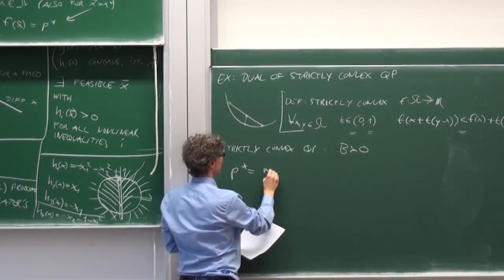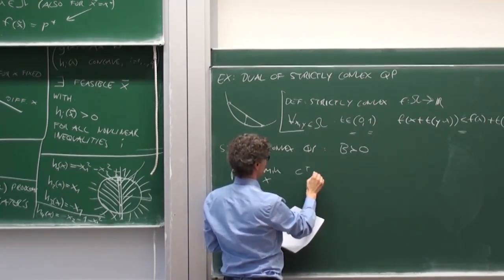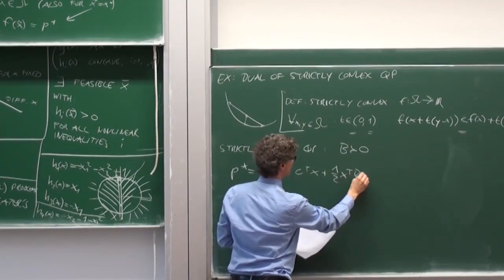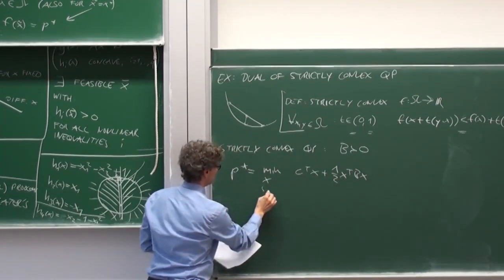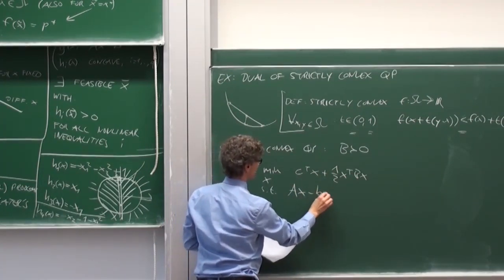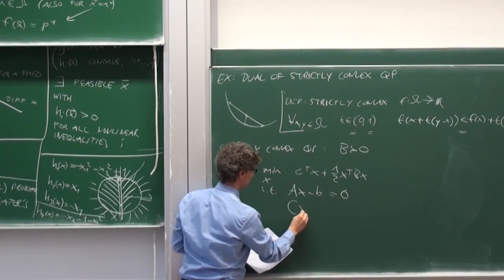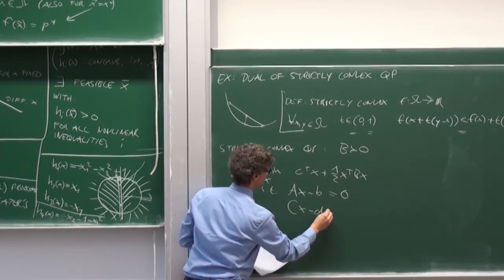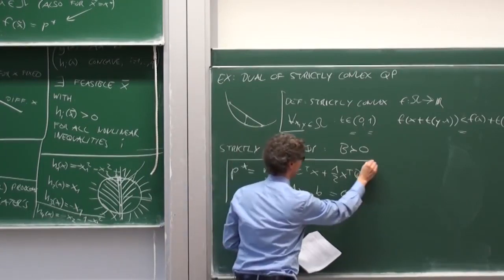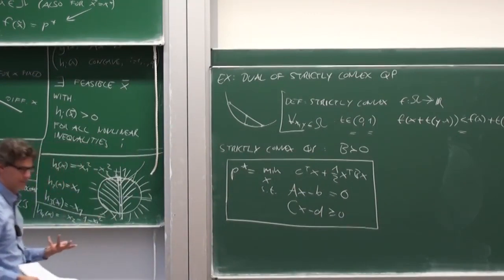P star is equal to the minimization over x of a function c x plus 1/2 x transpose B x, subject to equalities A x minus b equals 0, and I also add inequalities C x minus d bigger than 0. So that is my primal optimization problem, and it is convex.